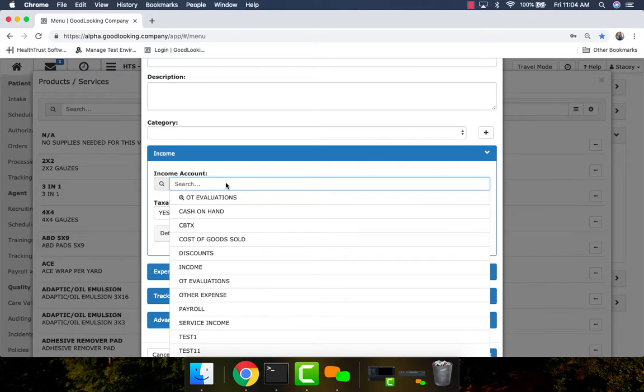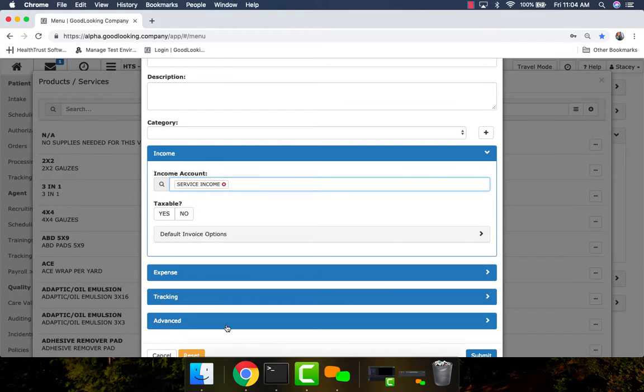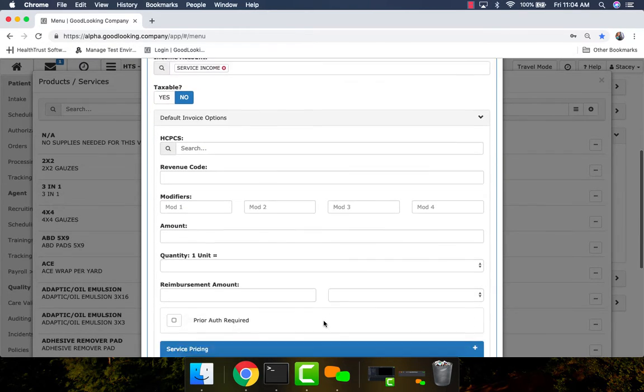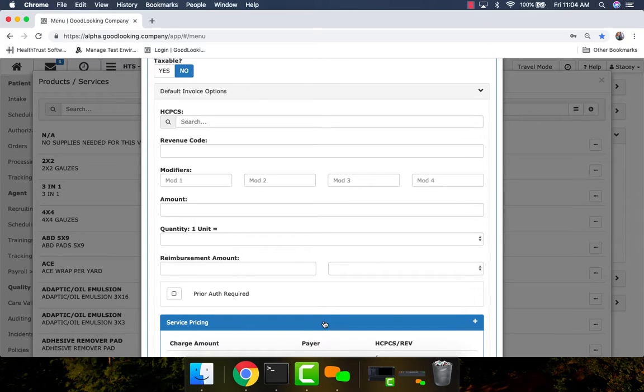So attaching that to what income account from your general ledger. So, for instance, if I was doing a physical therapy visit, that's probably going to be allocated to a charge account called service income, whether or not it's taxable, and then what your default invoice options are.